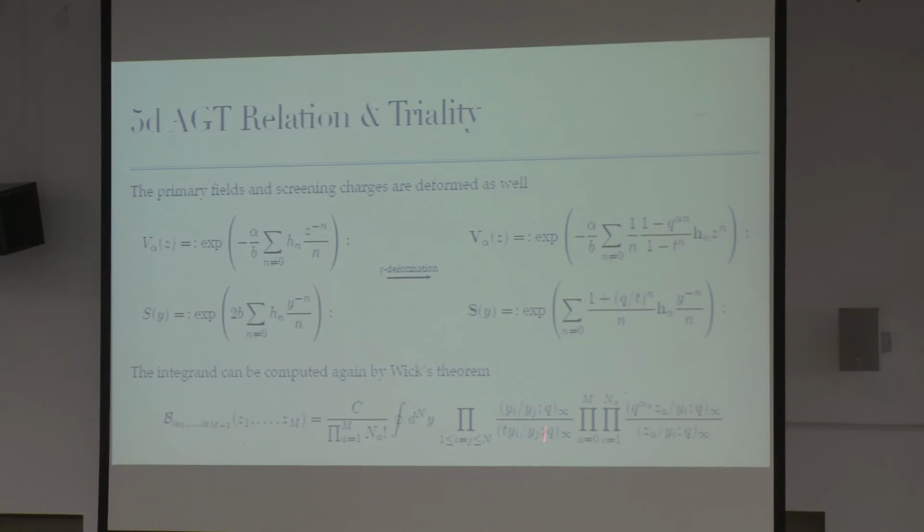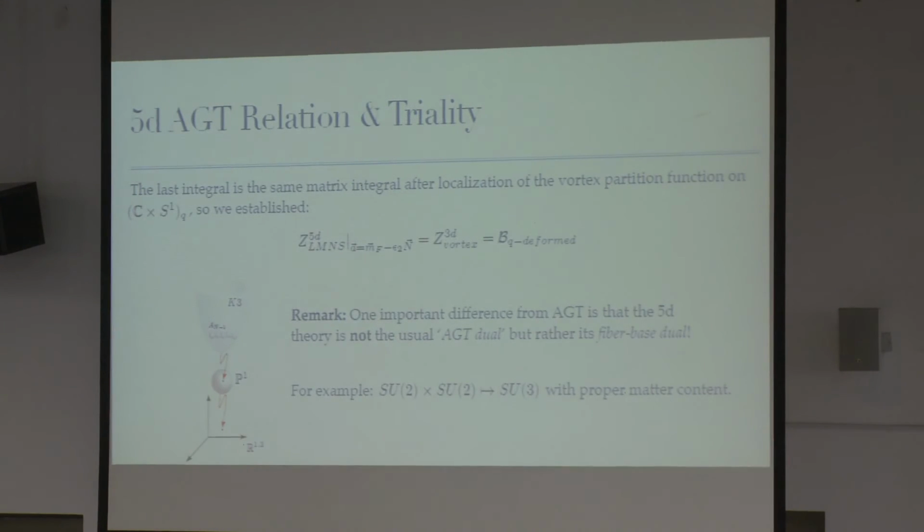And then you can show this produces the instanton result, and it is also related to the matrix integral you get by localizing on these vortices. Okay, so here we established that in this limit the 5D partition function is related to the vortex partition function, which is another way of saying this is the q-deformed Dotsenko-Fateev integral.